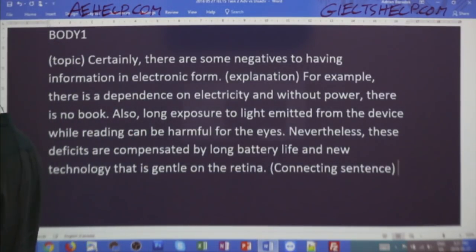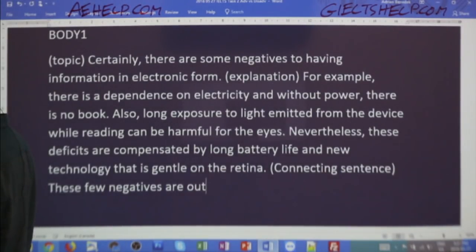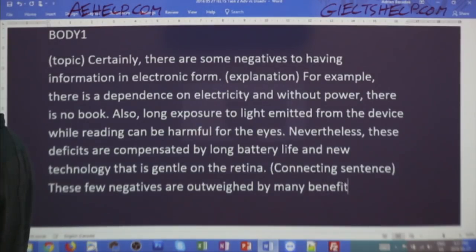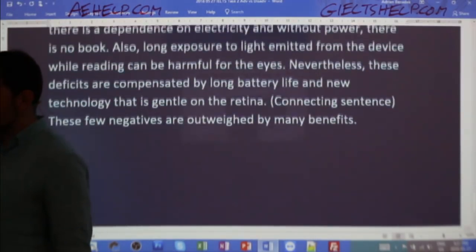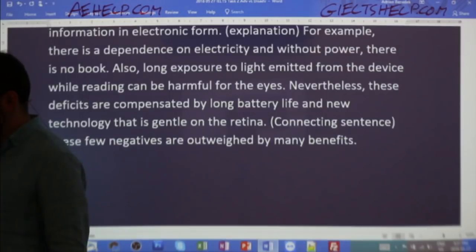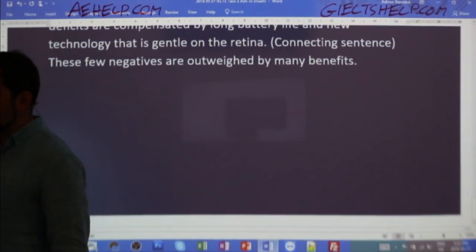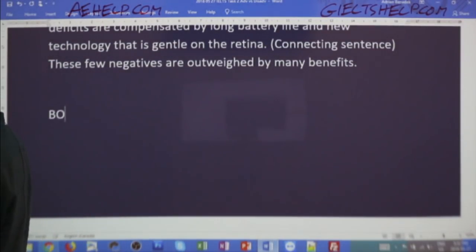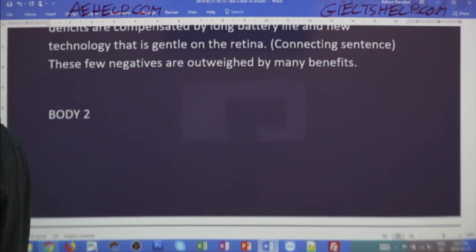All right, so these few negatives are outweighed by many benefits. Okay, something like that. So you can connect with a simple sentence there and then go right into body 2, which is going to be your longer paragraph where you're talking about the advantages, okay?